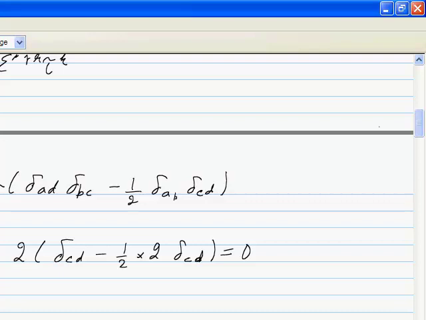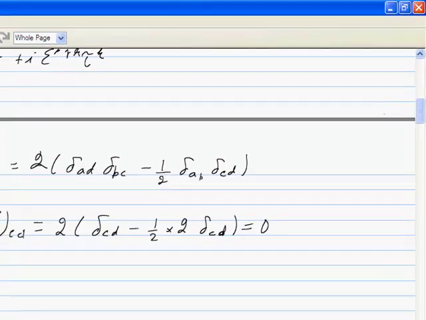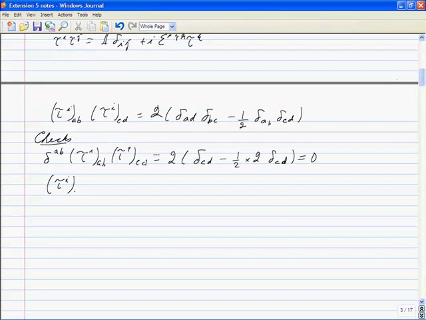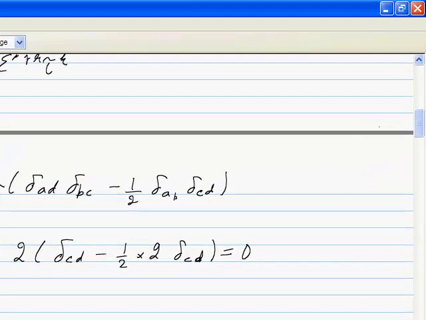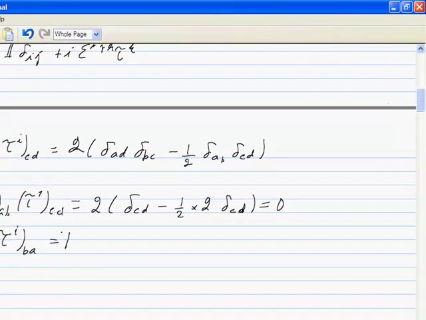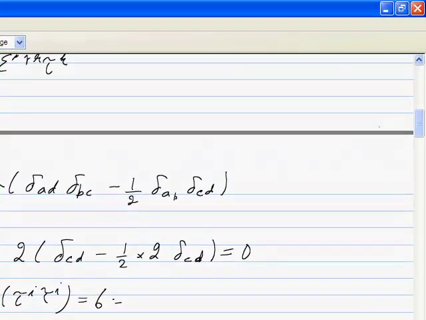If I take tau i AB, tau i BA, so I set B and C equal to each other and D and A equal to each other, that's the trace of tau i tau i by the definition of trace, which for each of the i's gives 2, so that should give me 6.